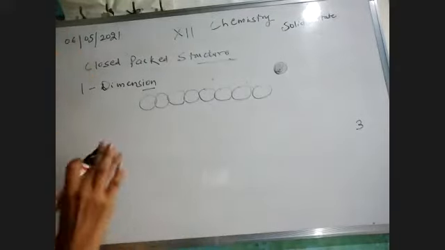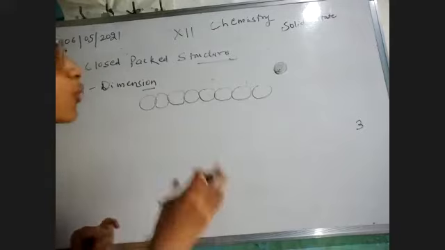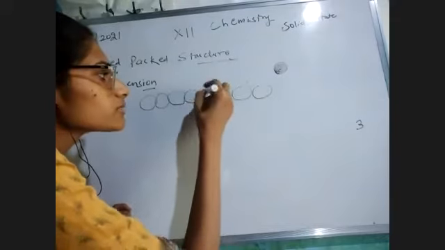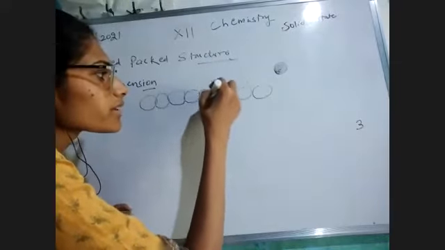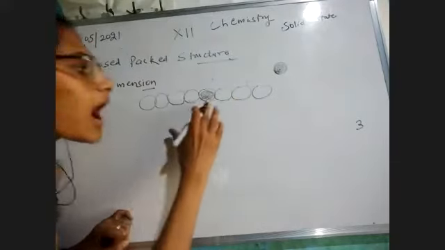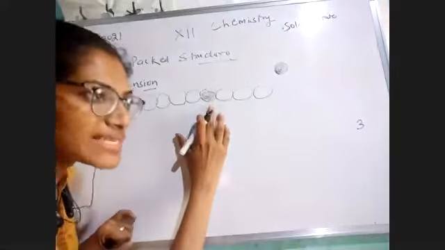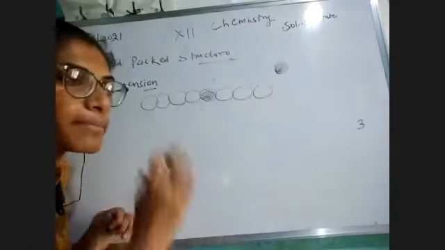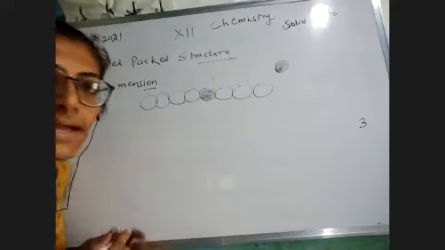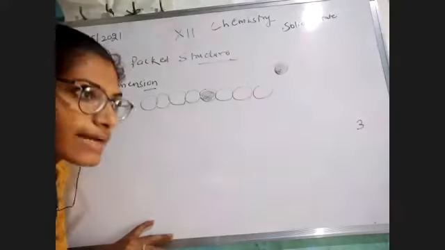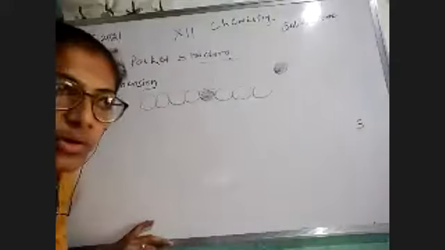Okay, this is the only representation. Now let us assume this particular atom, and we will see how many atoms are present in the neighborhood of any particular atom.